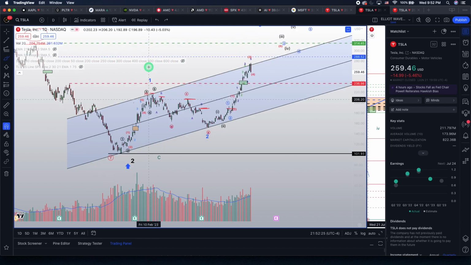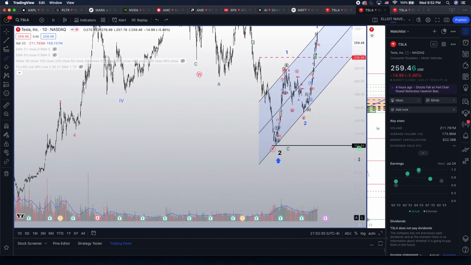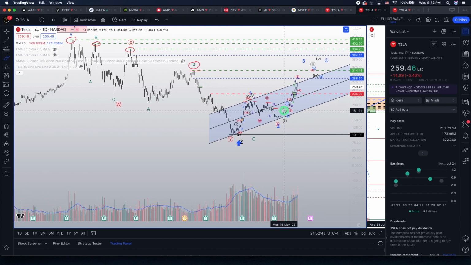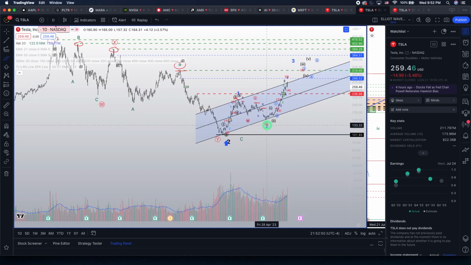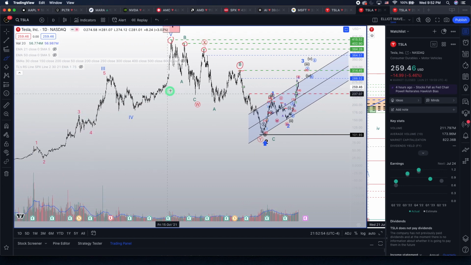That's the exact same structure that we see in the macro count: 1, 2, A, B, C, X, A, B, C for the Y, and 1, 2, A, B, C for the W, we have our X, and A, B, C for the Y. So it's playing out exactly the same. This fractal on the larger scale is playing out on the minor scale.